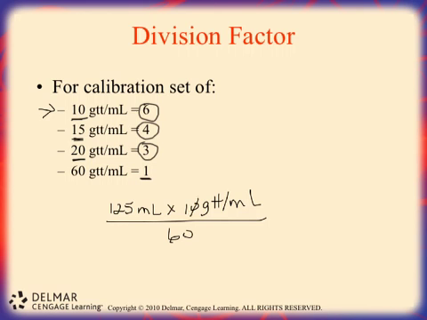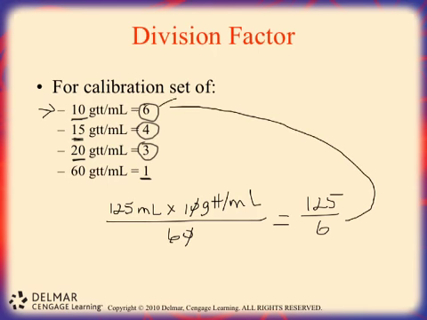Cancel out our 0, and what we end up having is 125 divided by 6. And so you can see that using the division factor is just taking your milliliters in hours and dividing it by the division factor, because 10 drops per milliliter is always going to be 6. And so it's just removing a step for you by learning what those division factors are, and then you just have to divide 125 by 6, and you come out with, of course, the same answer, 20.8 or 21.